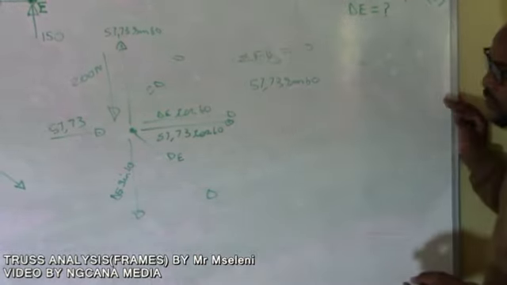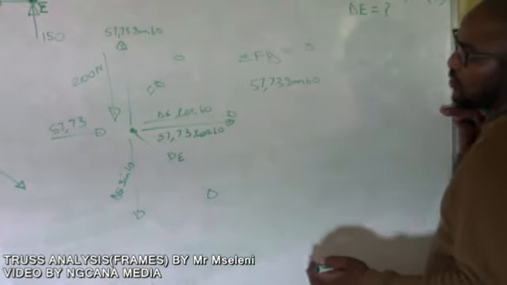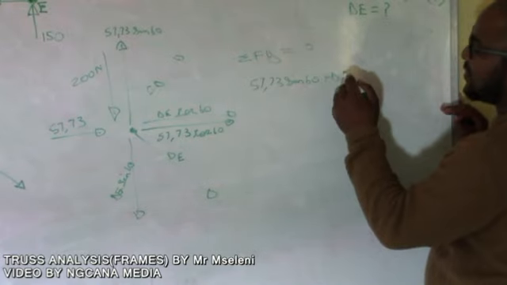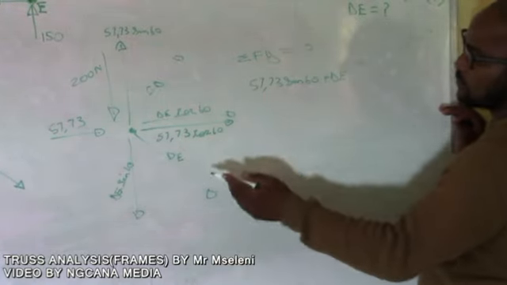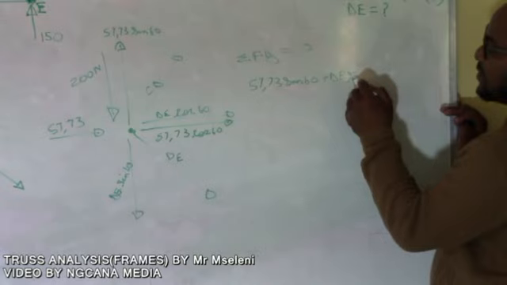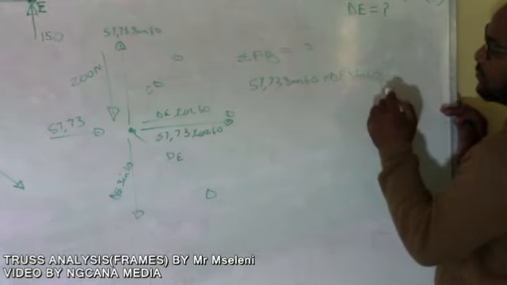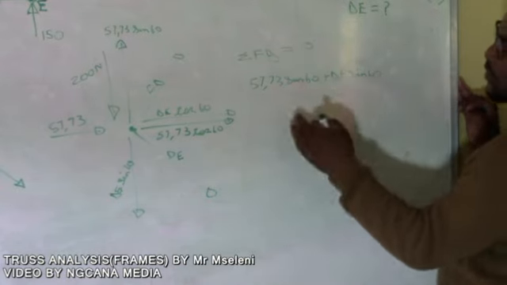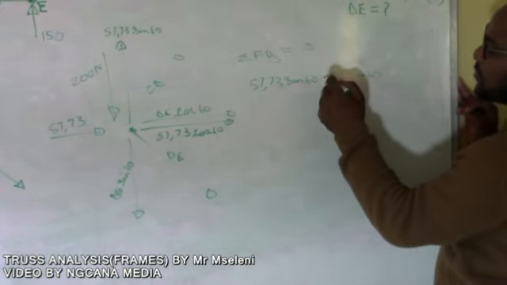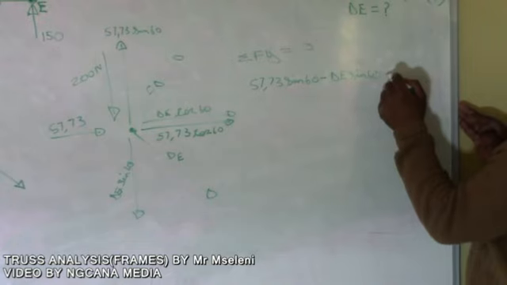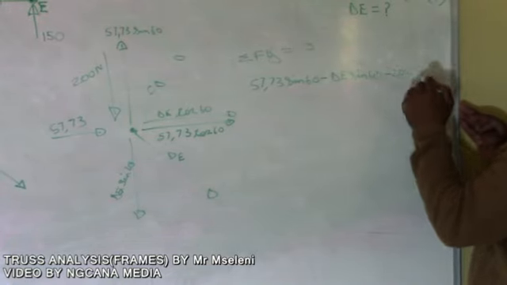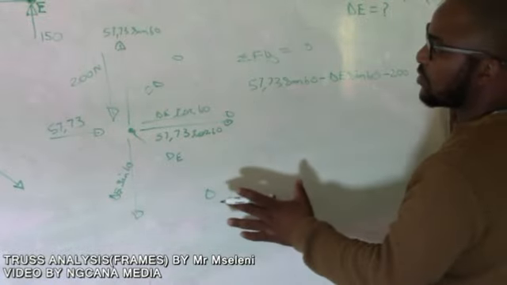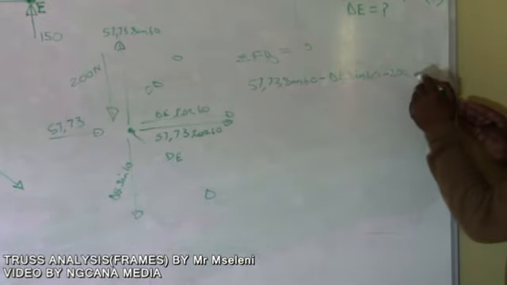And then you also have your DE, which is going down, which is going to be DE sine 60. Sorry, for your DE it is supposed to be negative because it's going down. And then you've got your negative 200, which is also going down. If you check, there are no other forces going down there, therefore it equals 0.